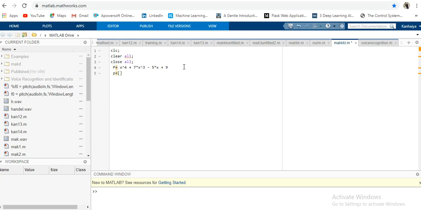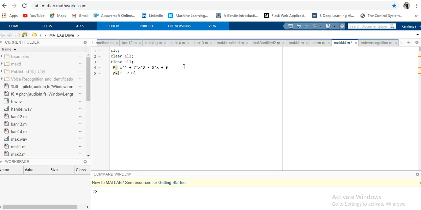So what is the coefficient of x to the power 4? It's 1, and it's 7 for the next. Now we will not write minus 4 directly, because after x to the power 3 it should be x to the power 2. So for x to the power 2, its coefficient will be considered as 0.